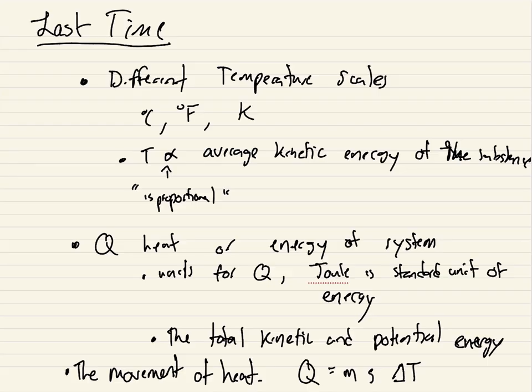The mass was the amount of stuff that we are heating up. The specific heat is a physical quantity of that substance, and it tells us how much energy is required to raise 1 gram of that substance by 1 degree Celsius or Fahrenheit.